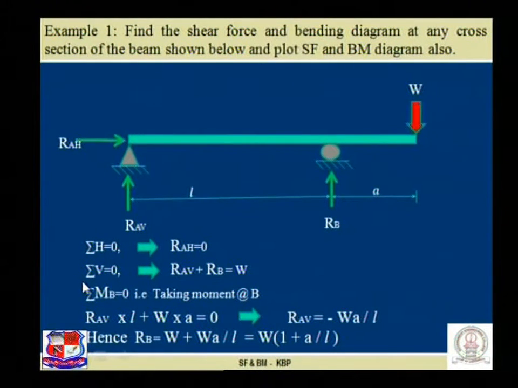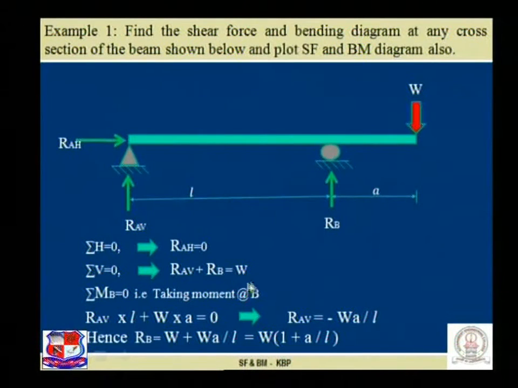Second step, sigma V is equal to 0. Sigma is the symbolic representation of summation. Sigma V, sum of all the vertical components of forces, is treated as 0. So the first force RAV plus RB, assuming upward forces are positive, is equal to W. So RAV plus RB is equal to W. We got an equation.